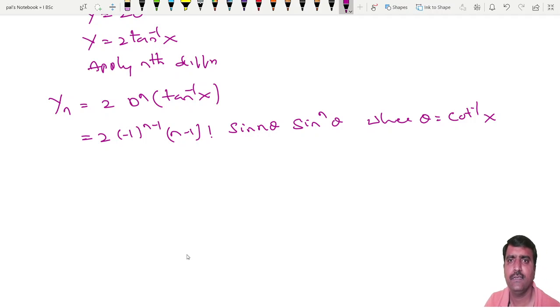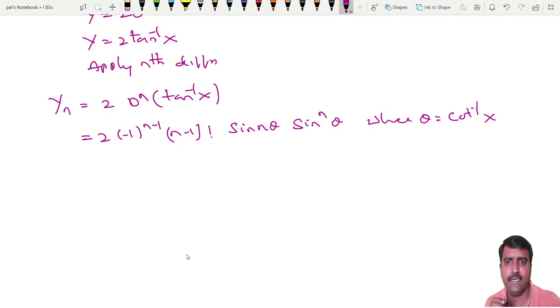So like that, you can solve this type of problem. Sine inverse of 2x by 1 plus x square, where 1 plus x square is there, in that time also you put x is equal to tan theta. That type of nth derivative problems you can solve easily.